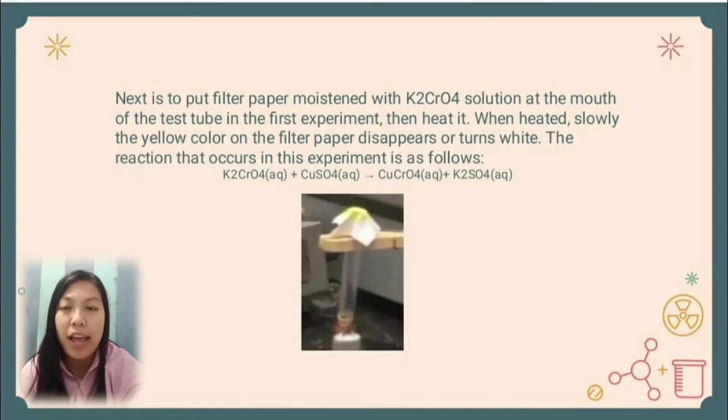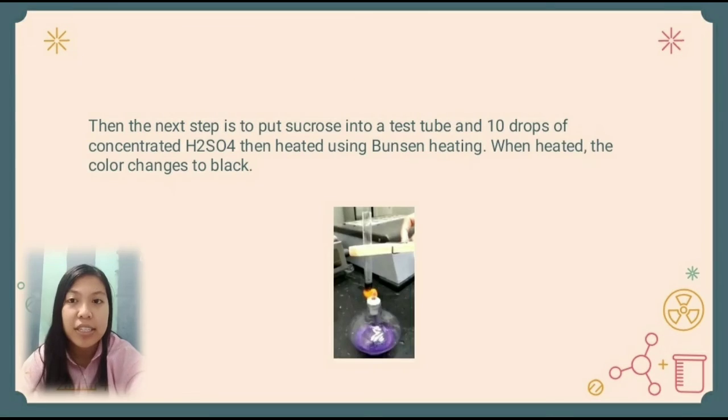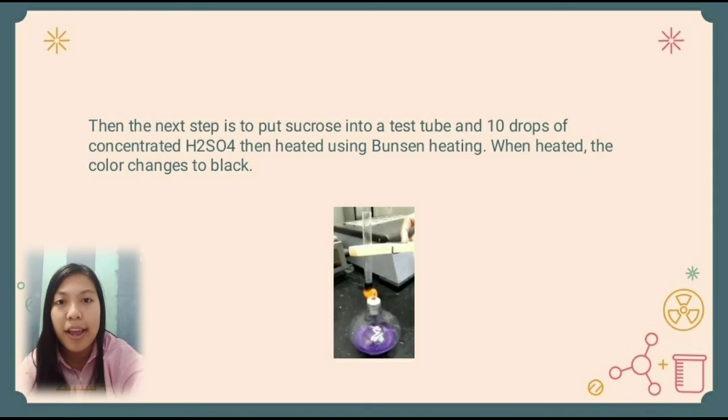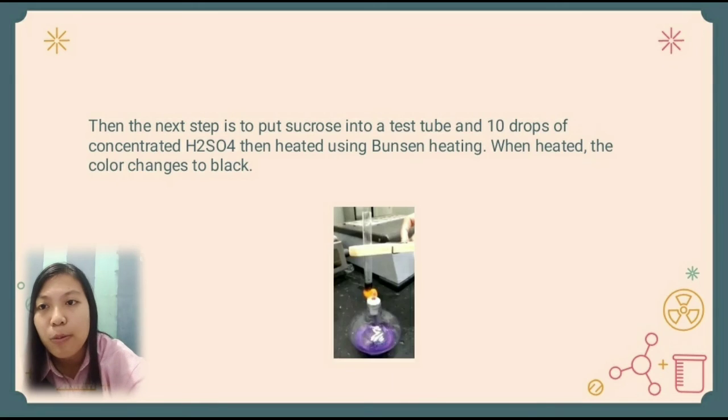The reaction that occurs in this experiment is as follows: K2CrO4 plus CuSO4 produces CuCrO4 plus K2SO4.